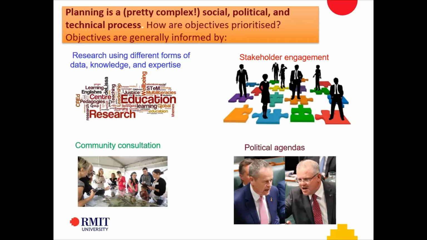It is about research, so it is a kind of intellectual or academic exercise, with different forms of data, knowledge, expertise. But it's not all about burying your head in research. It is also about community consultation. And related to that, it's also about stakeholder engagement: business, other levels of government, minority groups, special groups, local members of the community, the local sports club, you name it.